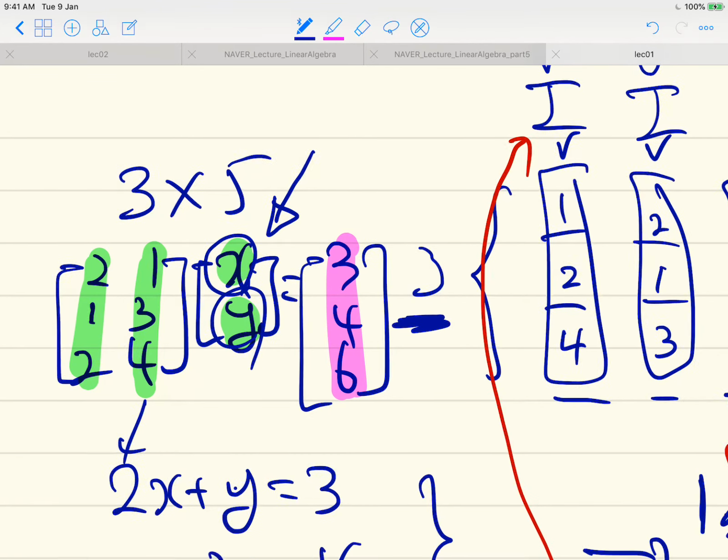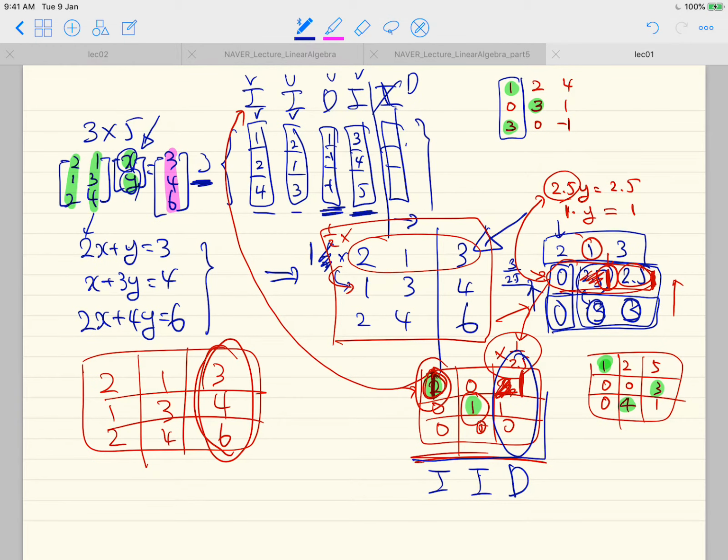But this reduced echelon form, which is the result of the Gaussian elimination, is certainly a different matrix from the original matrix that we started with, right?